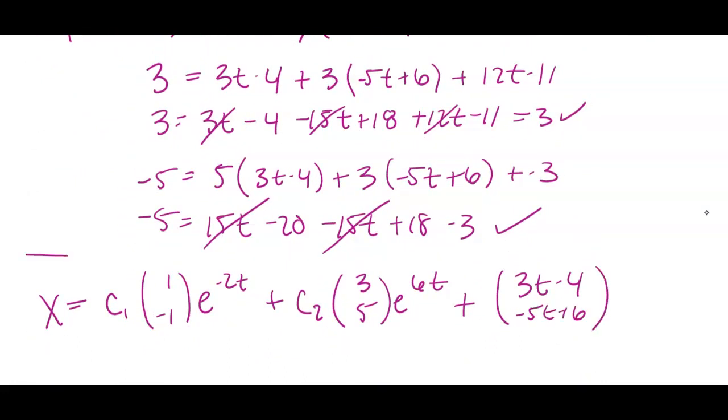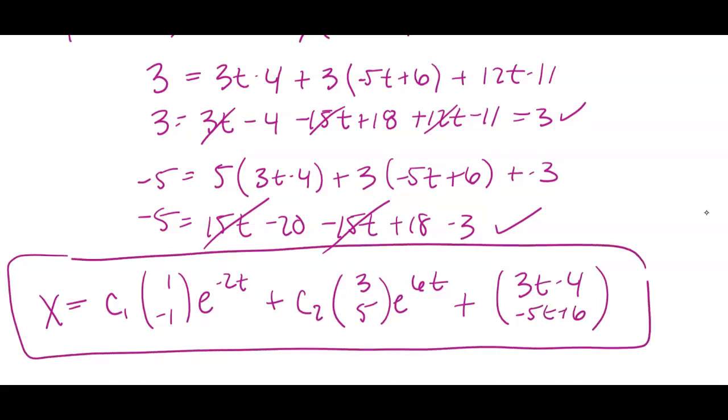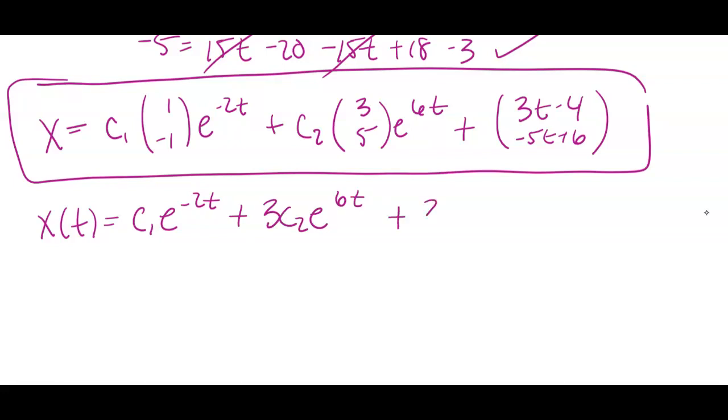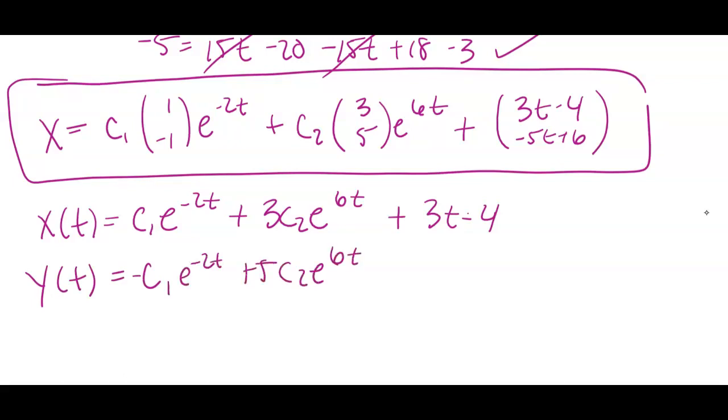And that's going to be my full solution. Again, you can write this as x of t is c1 e^(-2t) plus 3c2 e^(6t) plus 3t minus 4. And I'm going to write my solution for y like so.